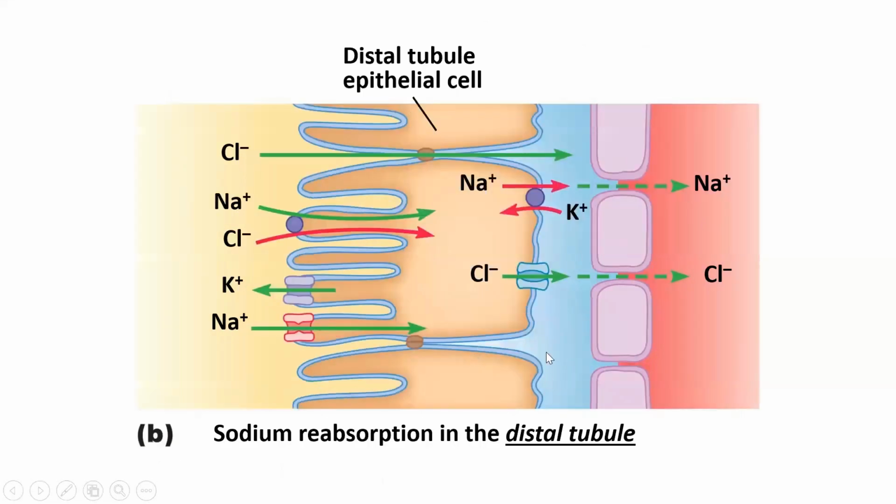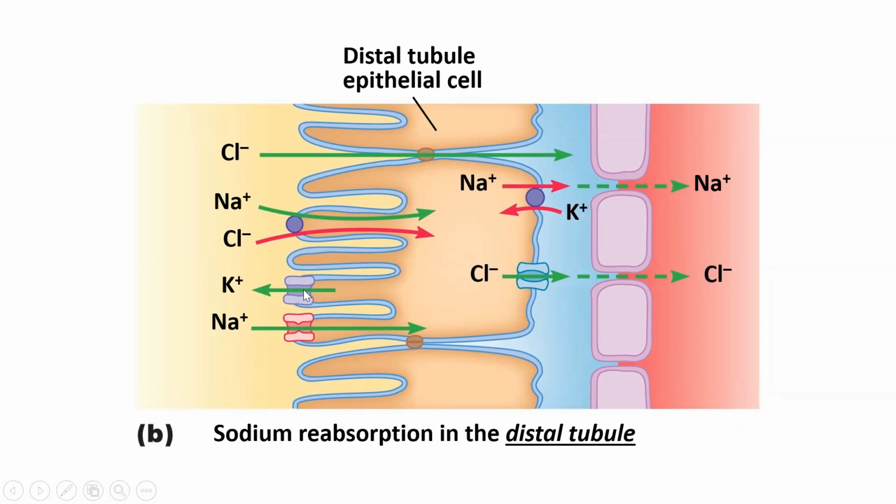The distal tubule is slightly different. Sodium comes in via secondary active transport, but the way aldosterone can play a role in increasing versus decreasing reabsorption is through leak channels for sodium. There are leak channels for sodium on the membrane of the distal tubule and collecting duct only. Aldosterone is going to insert more of these leak channels, and also more potassium channels.